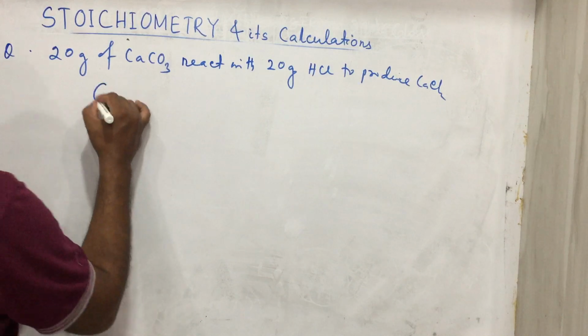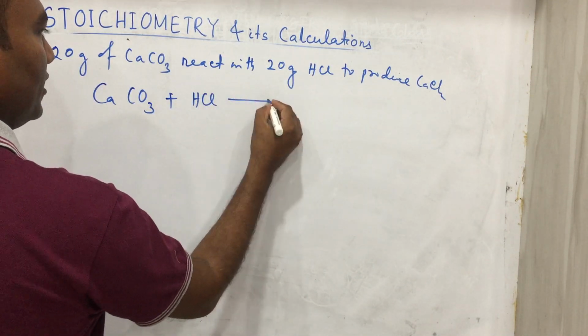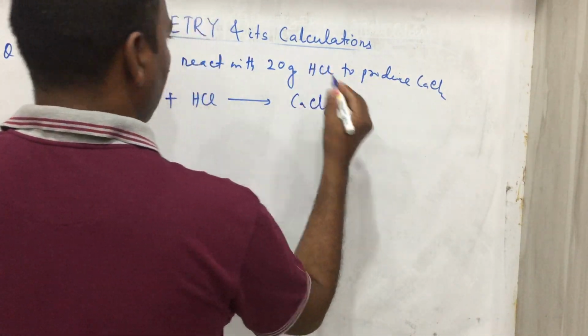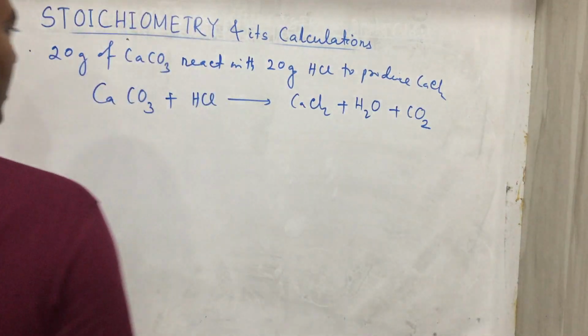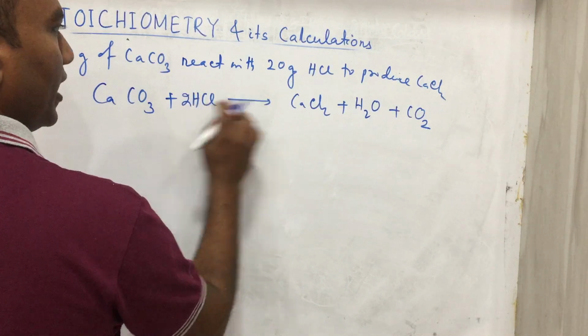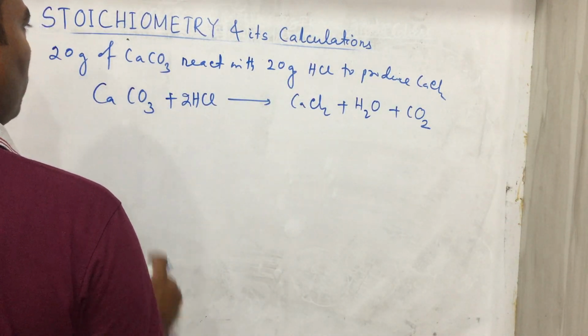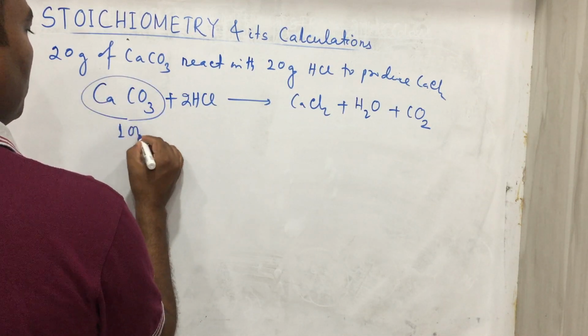So first the equation: CaCO3 plus HCl gives CaCl2 plus H2O plus CO2. Balance it: chlorine 2, hydrogen, oxygen 3, balanced. Now, calcium carbonate mass how much? 100 gram, we know.